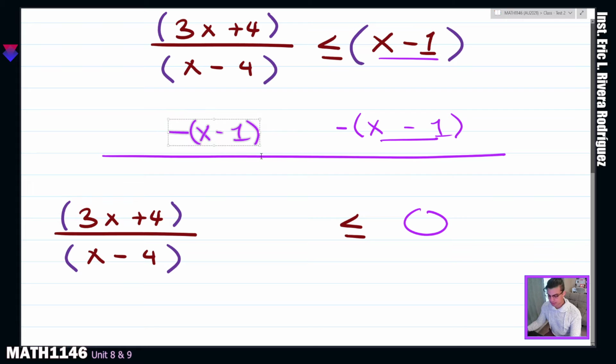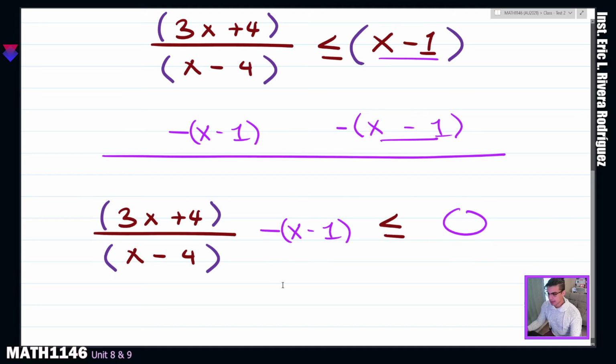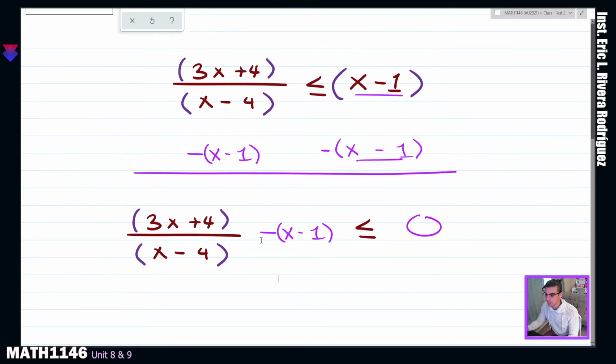And then on the left side, we have brought minus x minus 1, okay? Careful, do not bring yet x minus 1 into the fraction, all right? You need to remember that this rational function is a fraction, and in order to subtract fractions, we need to have a common denominator. There is no common denominator here.